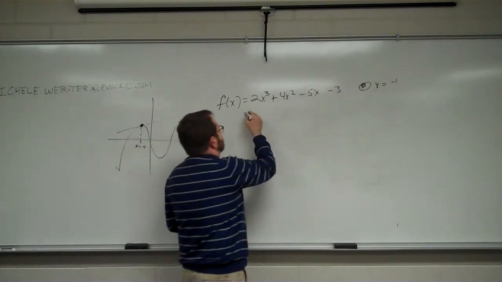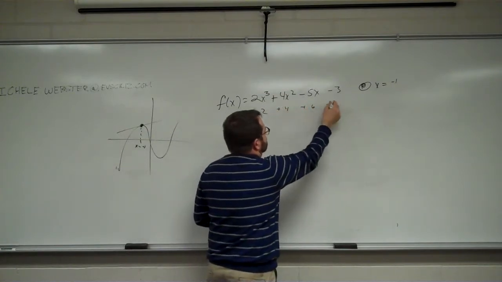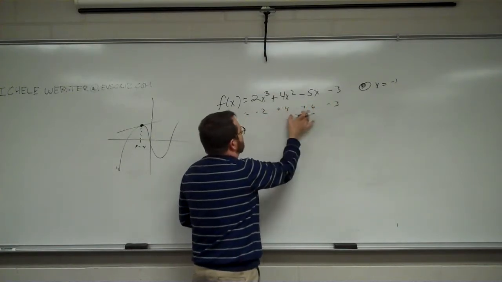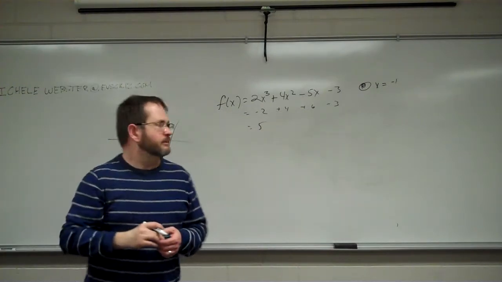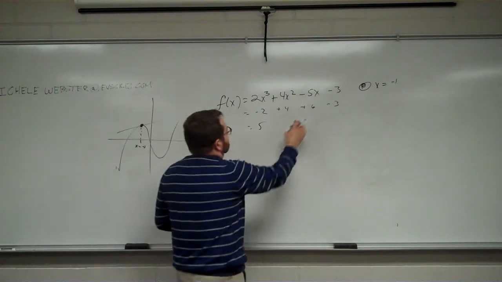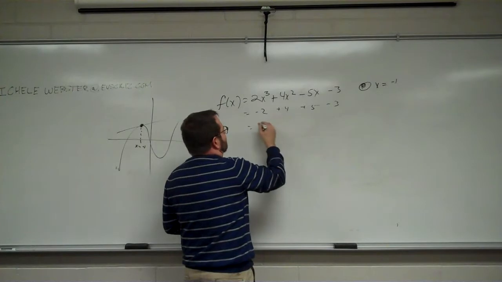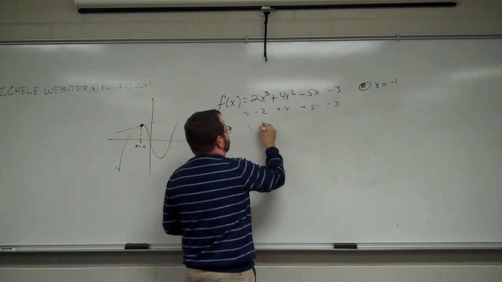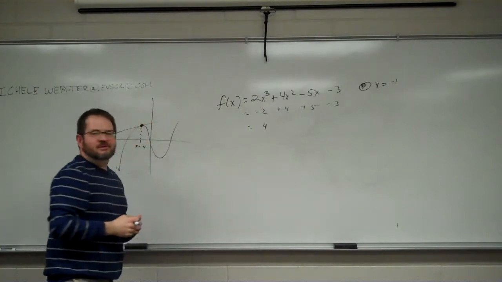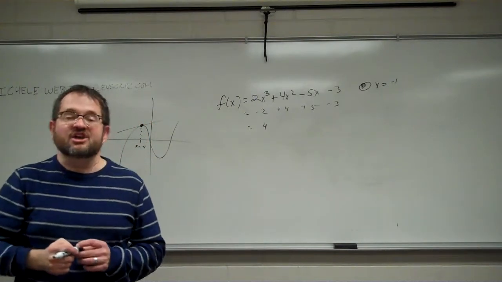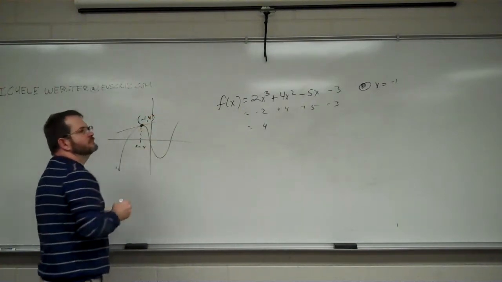Let's see, that would be minus 2 plus 4 plus 5 minus 3. So 9 minus 5 is 4. I think so. Alright, so I think this point right here is negative 1, 4.